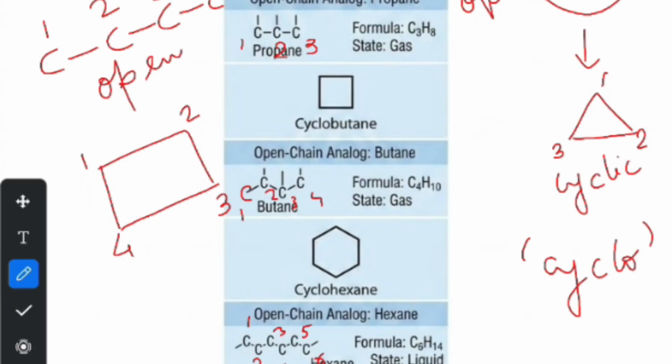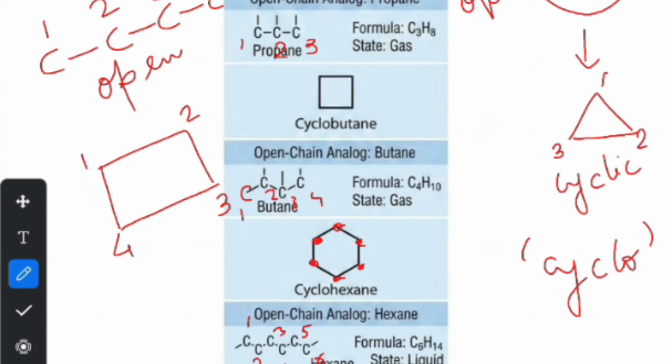The same thing goes for cyclohexane and cyclopentane. Cyclohexane means a cyclic ring system having 6 carbon atoms. If you see properly, there are 6 carbon atoms in the cyclohexane ring.